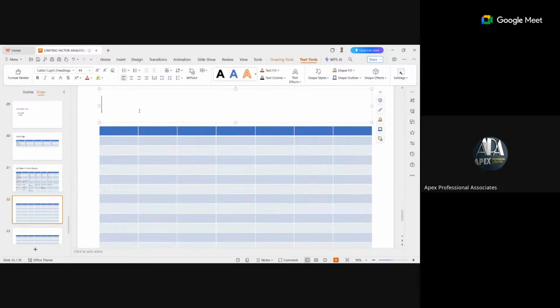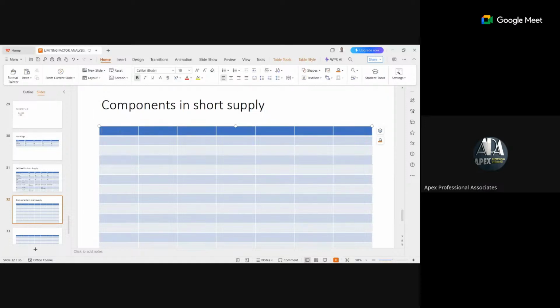Let's quickly solve. Don't have time. Components in short supply. The contribution per unit, we still make use of it.